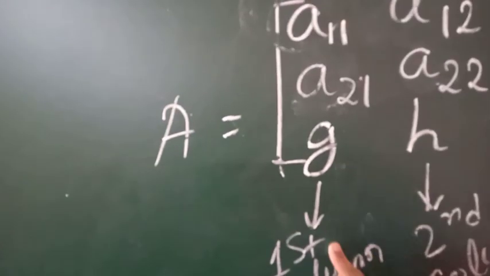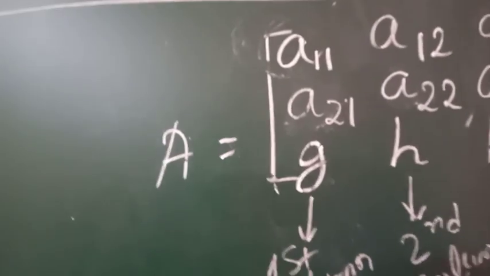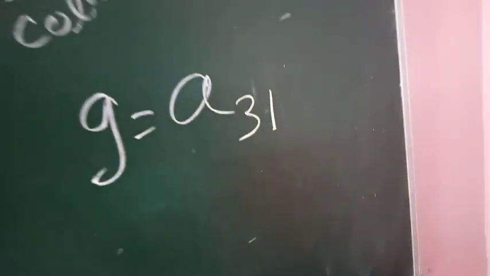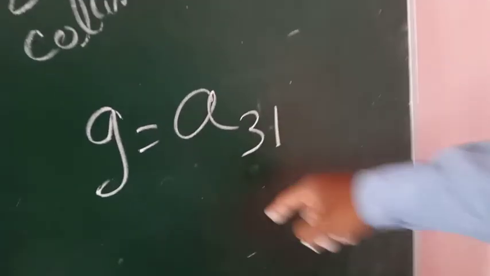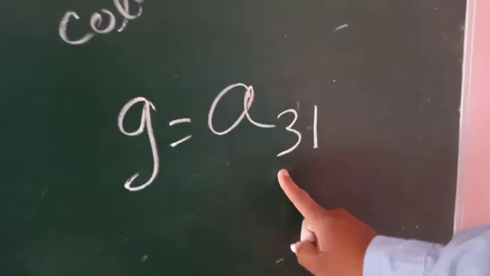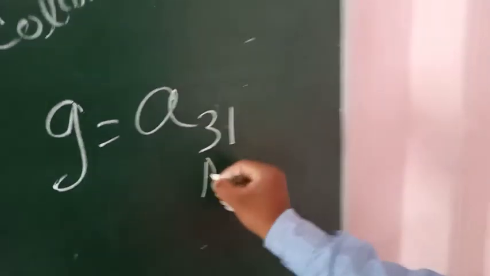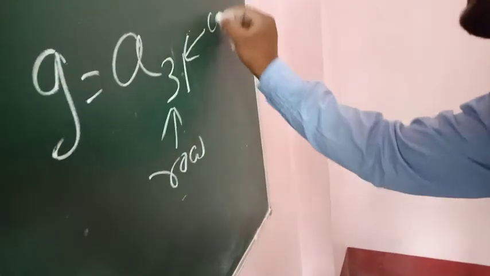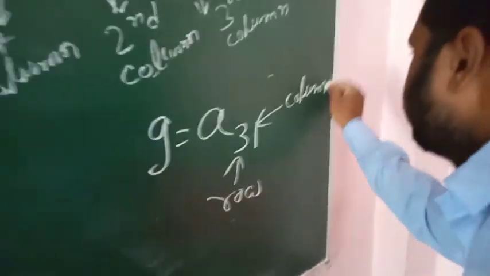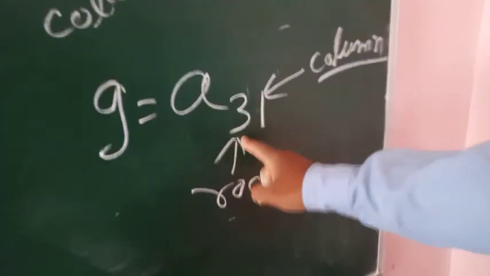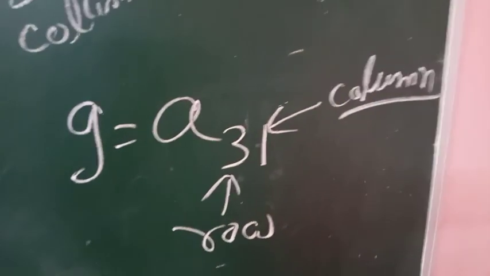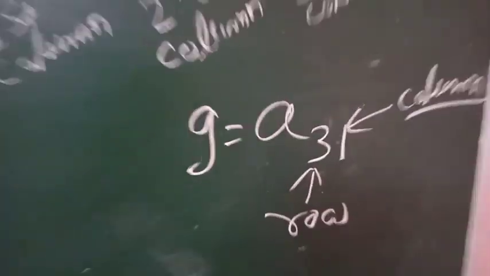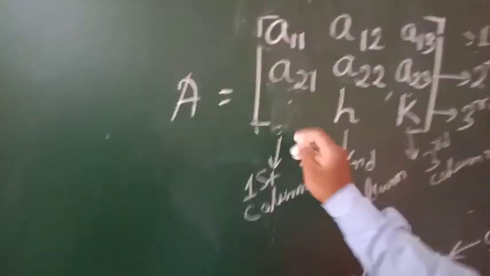For the third row we write 3 and for the first column we write 1. We write row first, then column: this represents row and this represents column. Always remember that. So here I will write A31.